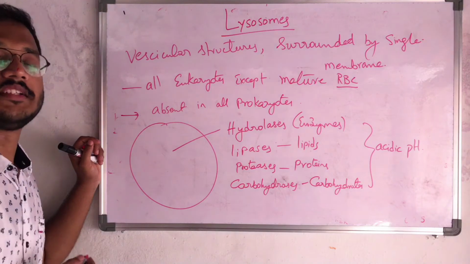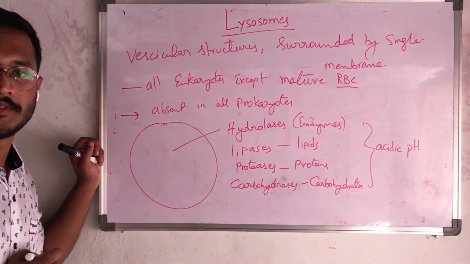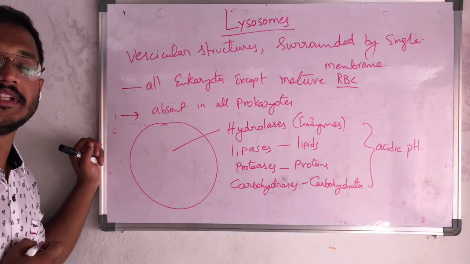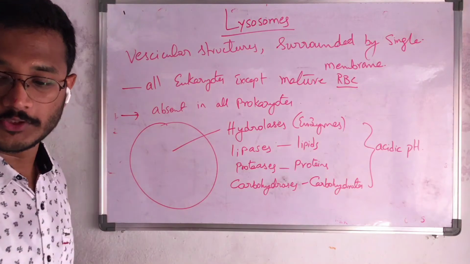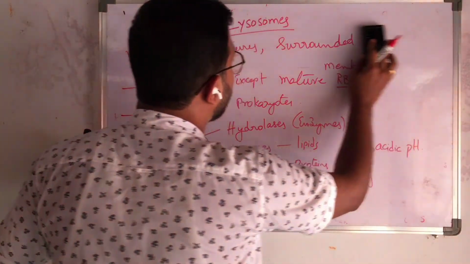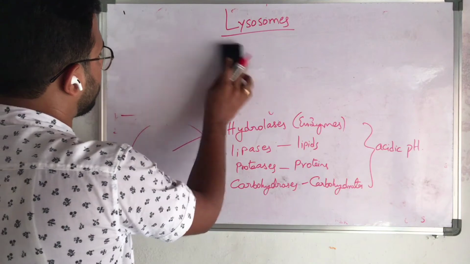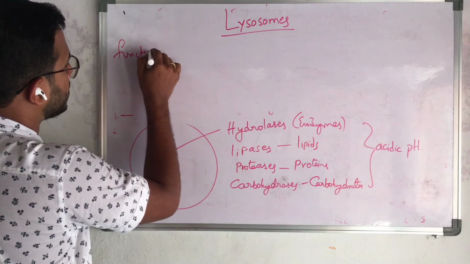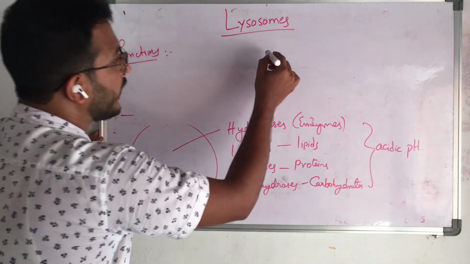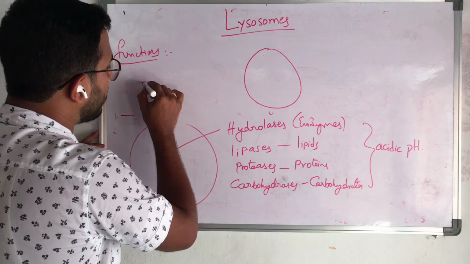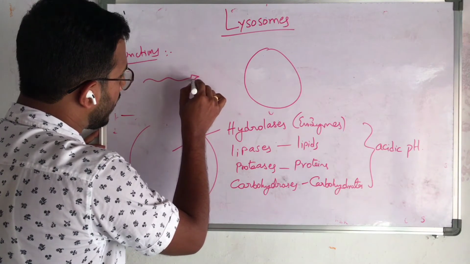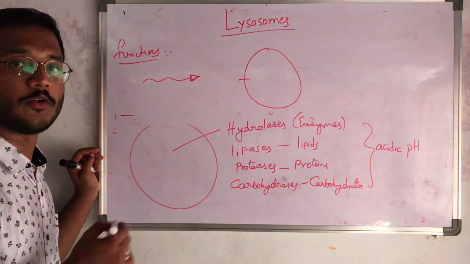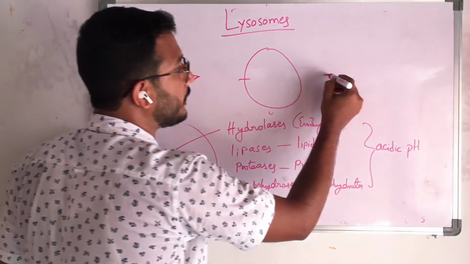And what is the main role of lysosomes? They act as hydrolytic cell organelles. That means they will digest other cell organelles also. For example, if we discuss the functions of lysosomes, here an egg cell is there, and a sperm has to penetrate into the egg cell. Then only they will fuse together and a zygote will be formed.